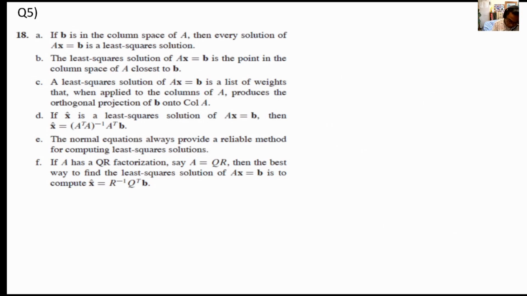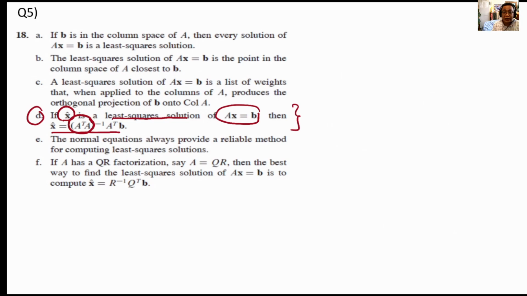In question number 5, 18D, the question states that if x hat is a least squares solution of AX equals B, then this is the way to get x hat. On first reading, you might think that it is true, and in general, this is true provided ATA inverse exists.